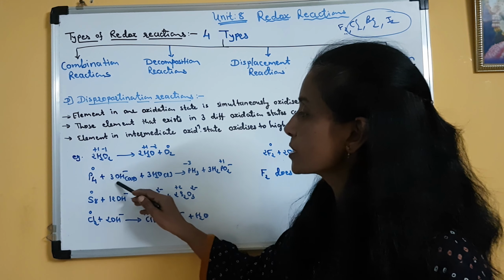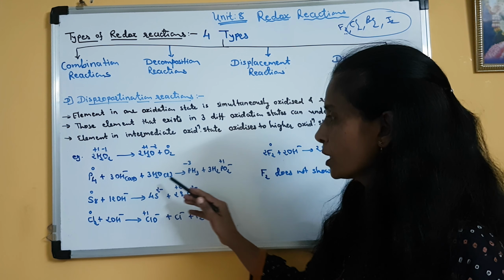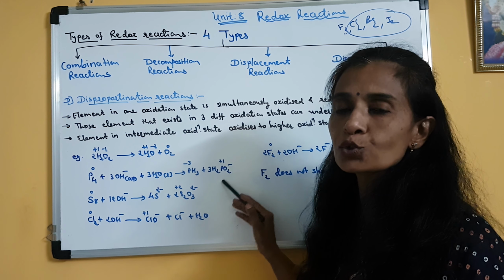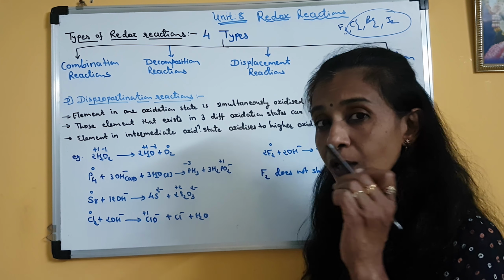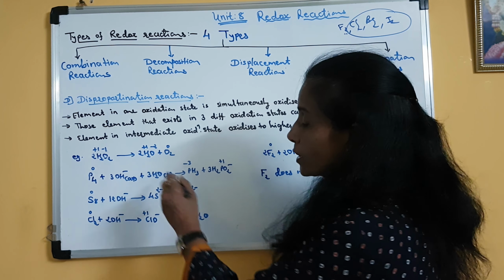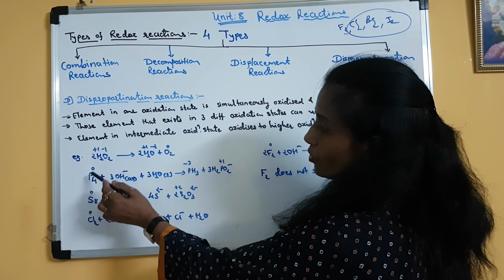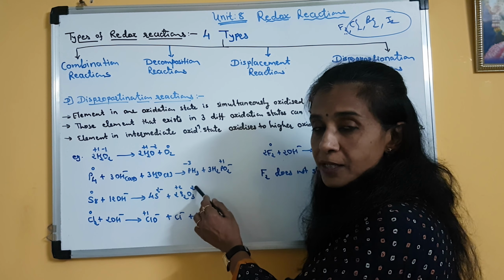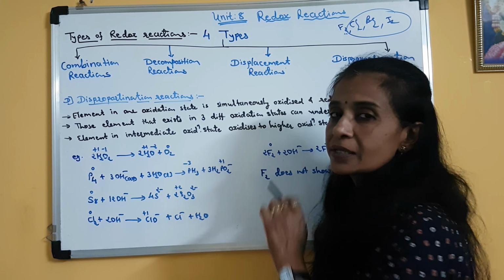Clear? When it is reacted with alkali, means either NaOH or KOH and water, then it is converted into PH3 and H2PO2 minus. Clear? So here we will focus only on phosphorus, which is undergoing disproportionation reaction. So phosphorus from 0 oxidation state, when it is converted to PH3, that is phosphine, then the oxidation state of phosphorus is -3.